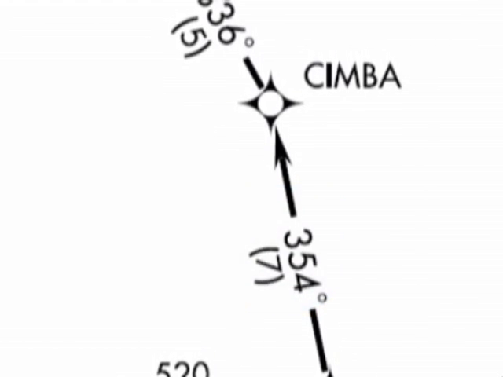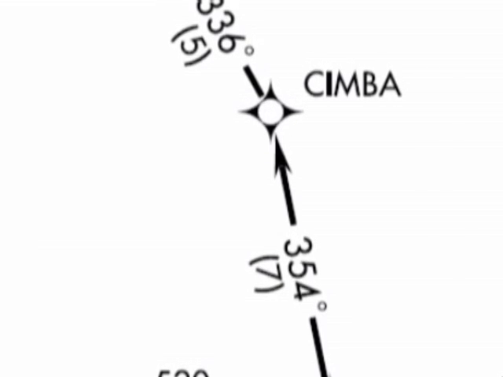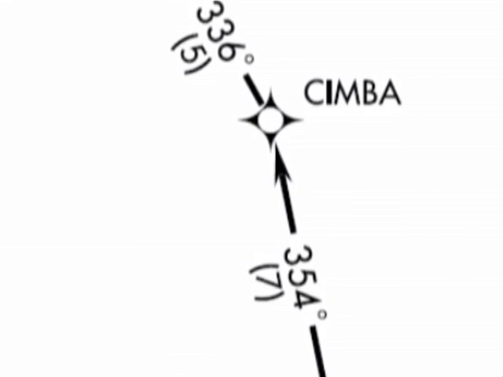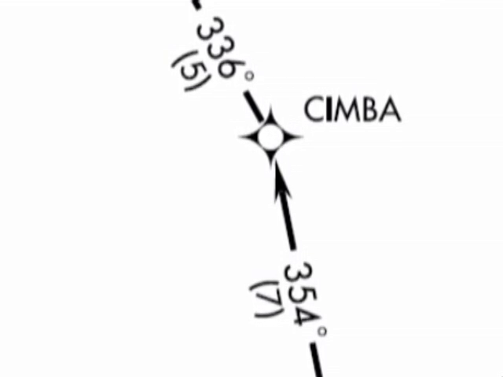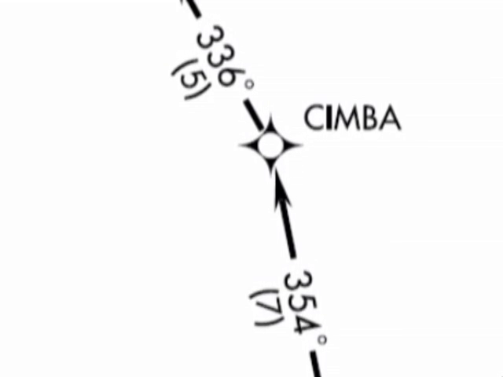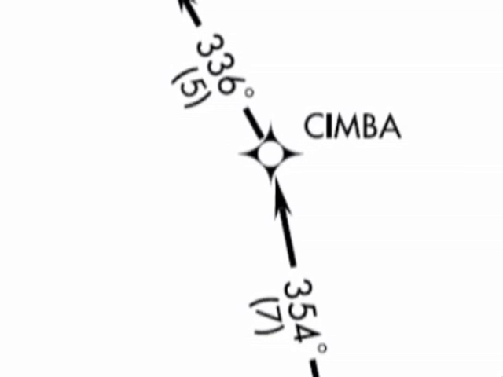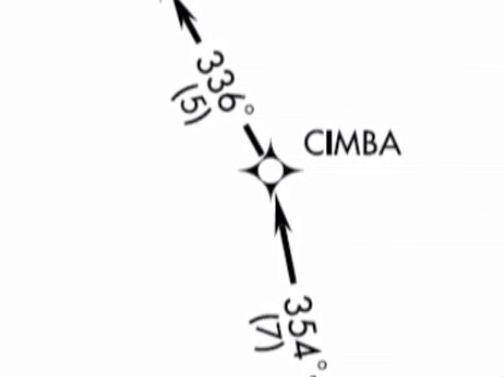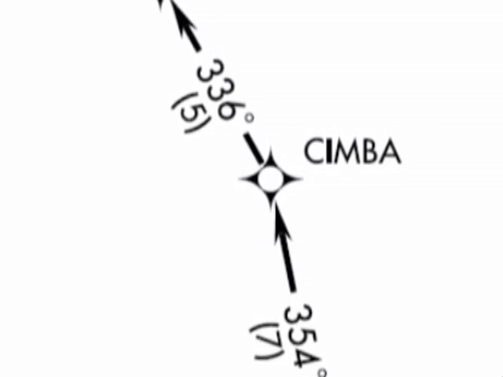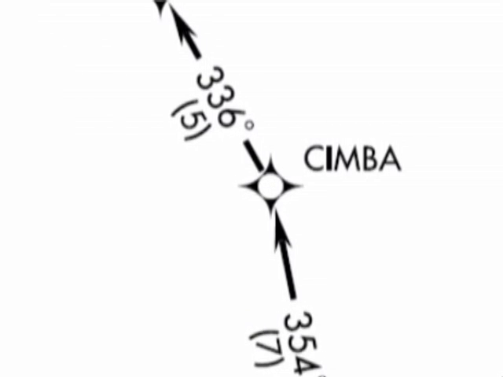Pay close attention to these distances because if you're programming the waypoints into your FMC, you need to make sure that the distances match. The distance from Sonoy to Simba is 7 nautical miles, and your FMC should indicate this. A small variance is okay, but a large variance indicates an error that needs to be handled.